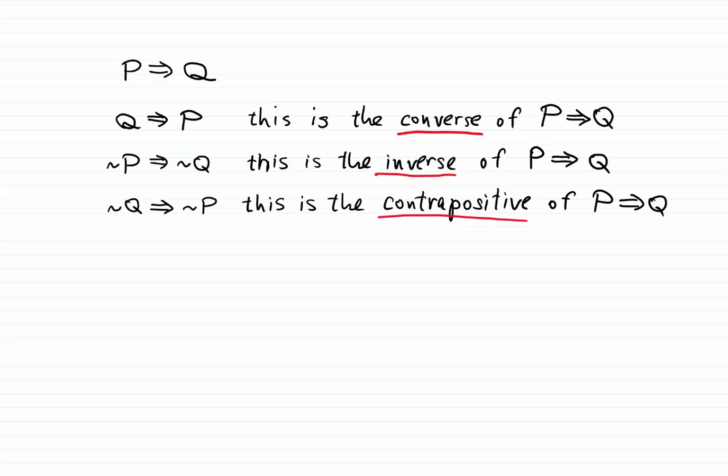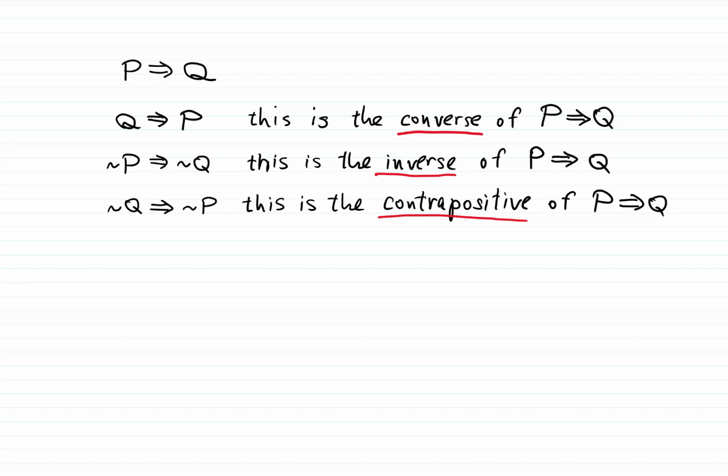I want you to know those three relationships. I'm not going to show you today, but very soon, I'm going to show you that contrapositives always have the same truth value. But converses and inverses don't always have the same truth value. But we'll do that in a couple of lectures, okay?